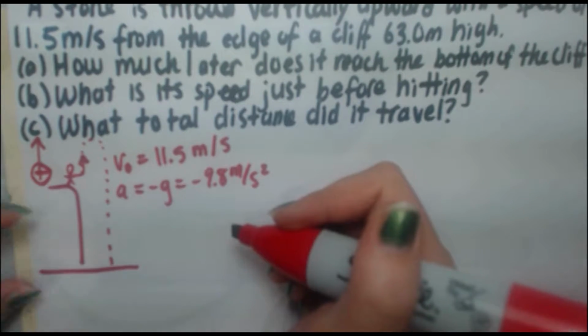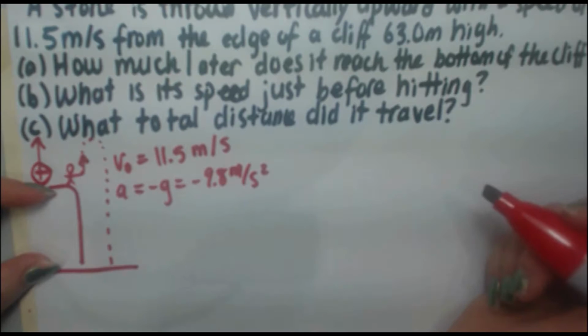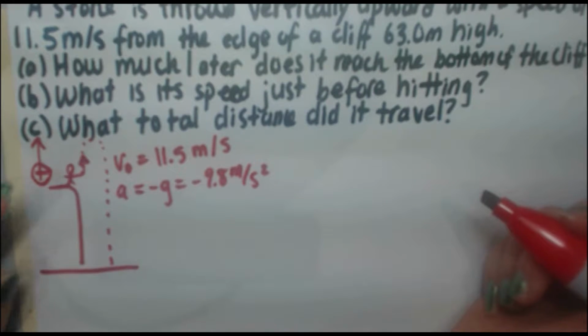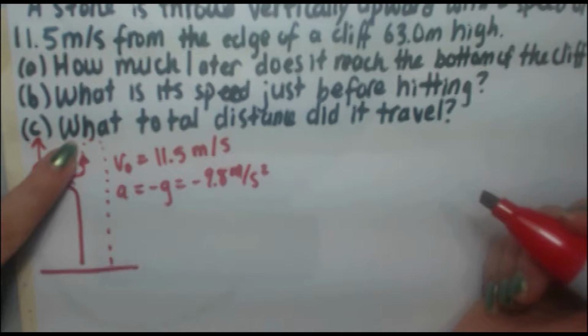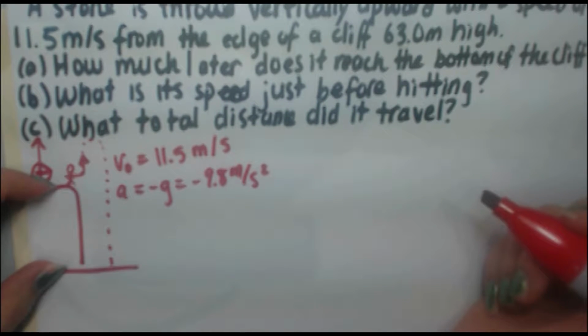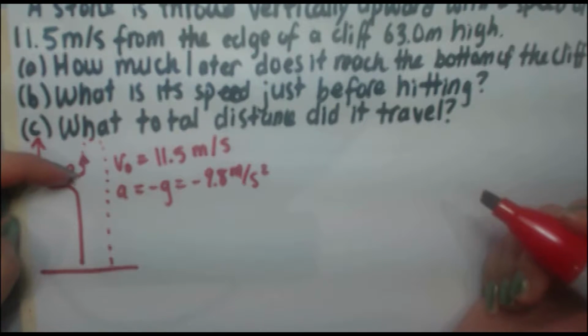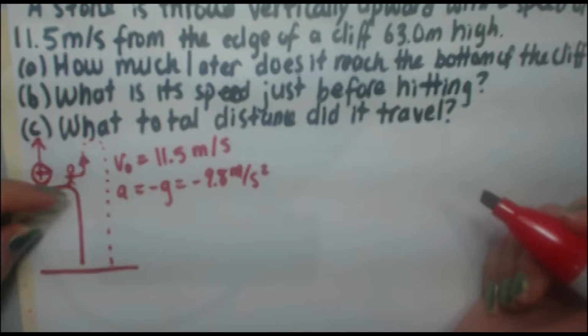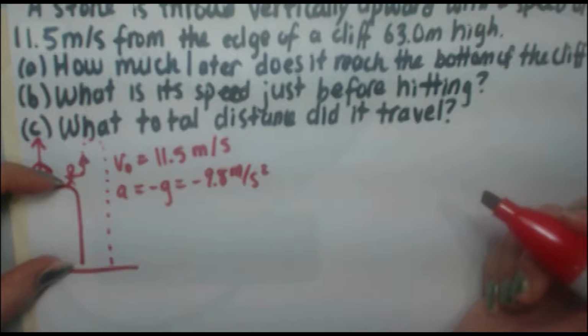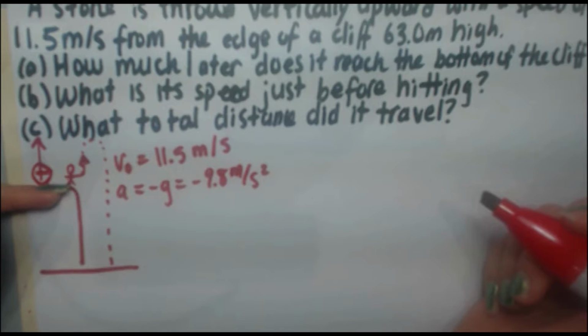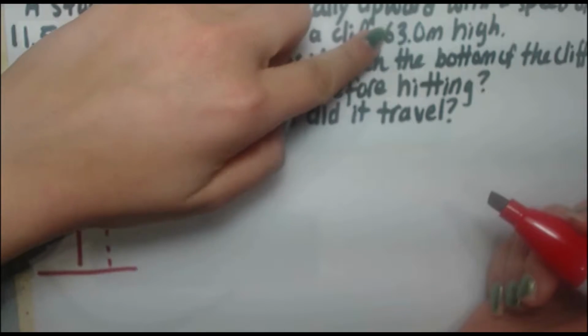Now this is the height of the cliff. What you have to understand here is that true, the stone is going up, then it's coming back down, so it travels a bigger distance than the height of the cliff. But relatively speaking, the displacement of the stone, its final position minus its initial position, is the height of the cliff, 63 meters.